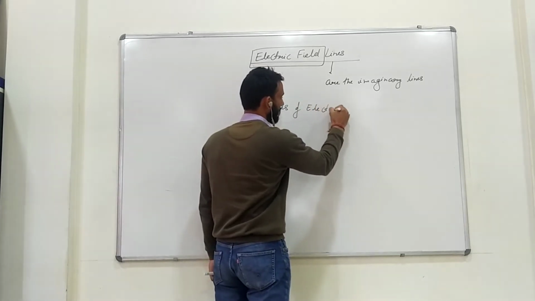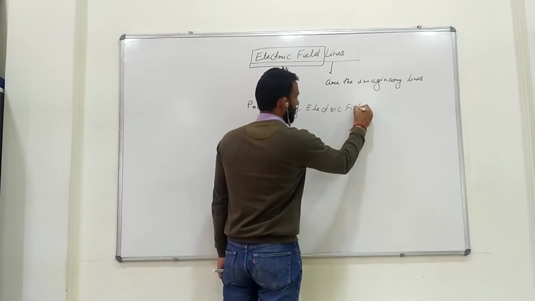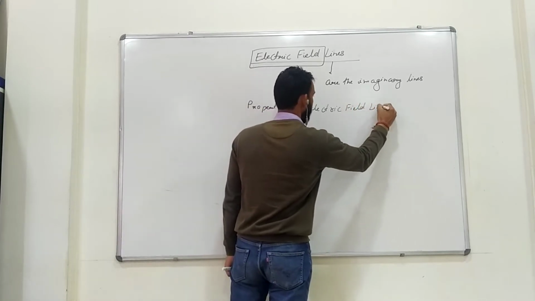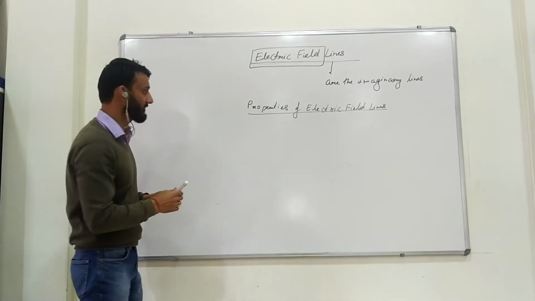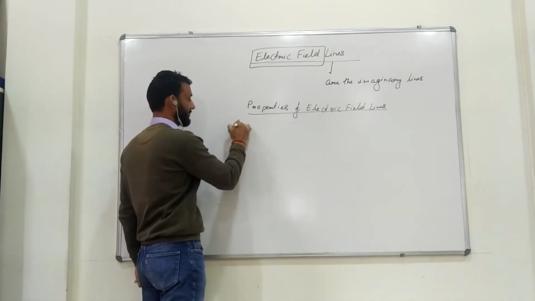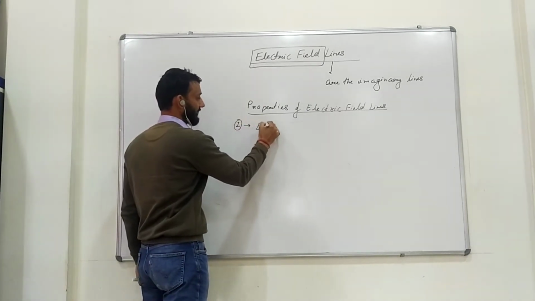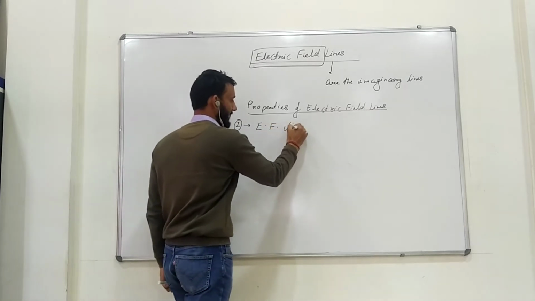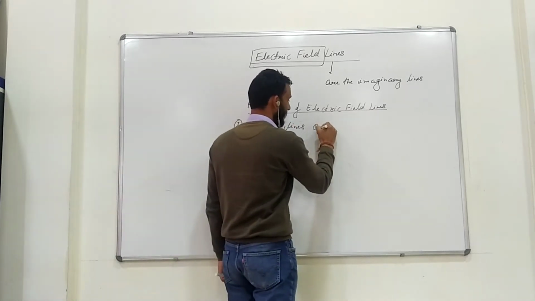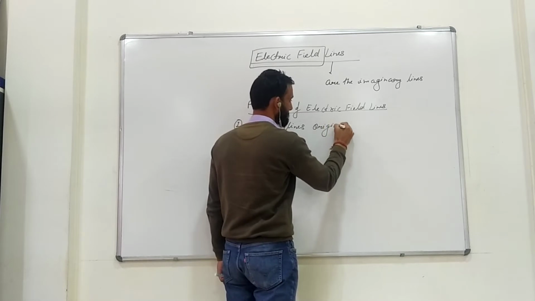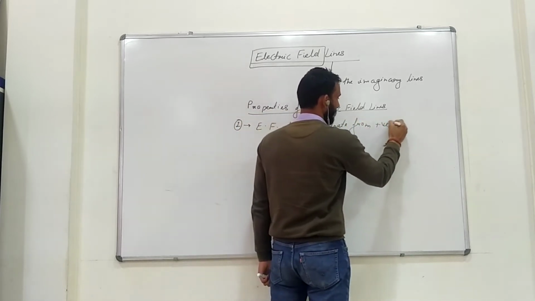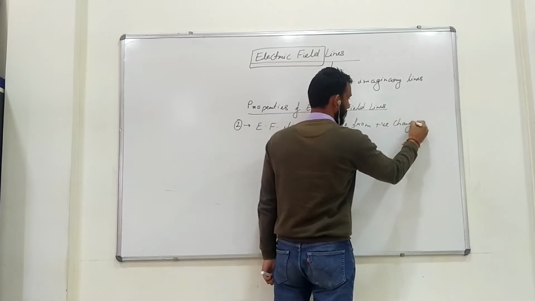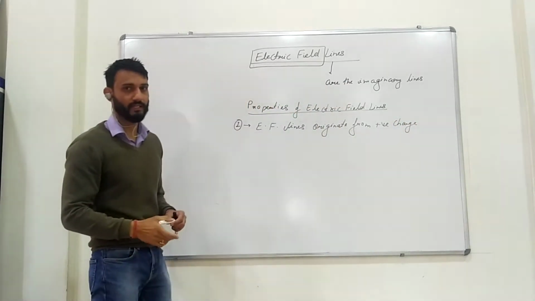So if we study the properties of electric field lines, the very first property says that electric field lines originate from positive charge.